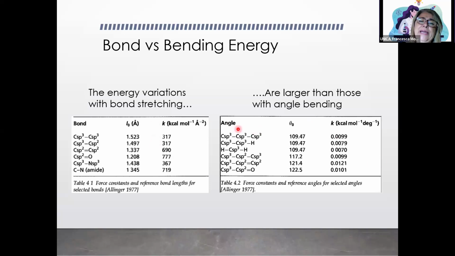While the variation of the bending angle between three carbons with sp3 hybridization is several orders of magnitude smaller. So the energy variations with bond stretching are much larger than those connected with the angle bending.